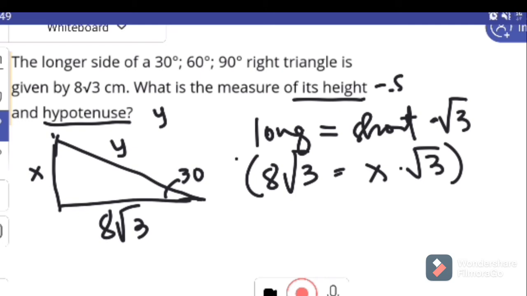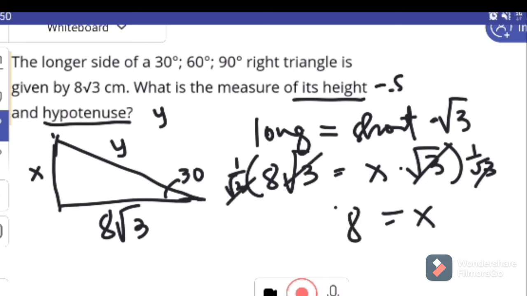We're going to multiply both sides by 1 over square root of 3. So now x is equal to 8. So we have the shorter leg is equal to 8.